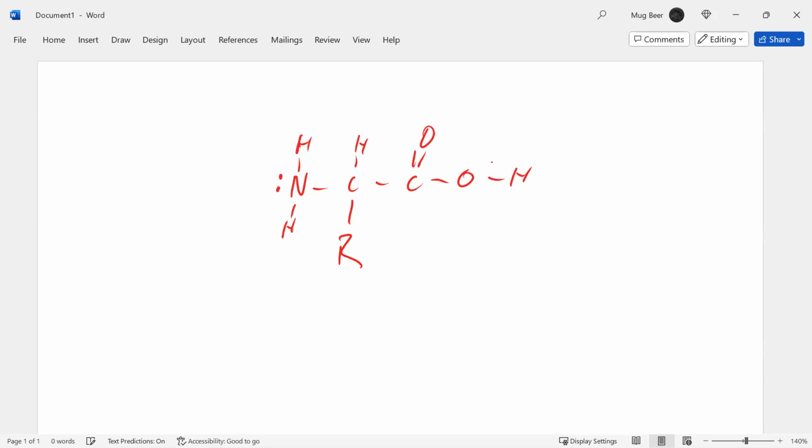Does anybody know what this is the general form of? Something pretty damn important. What is R? There are 20 versions of this, and the only thing that really changes is the R. So if I put just an H here, it's the most simplistic version.